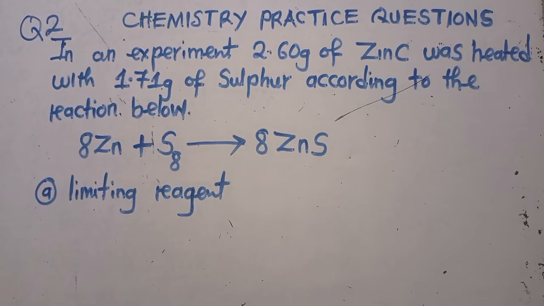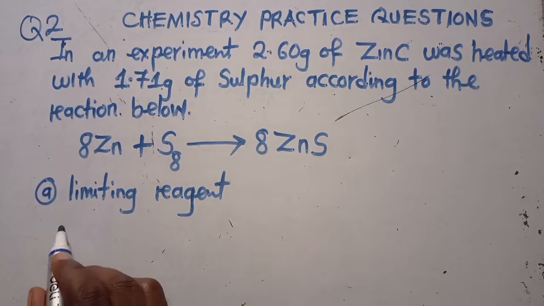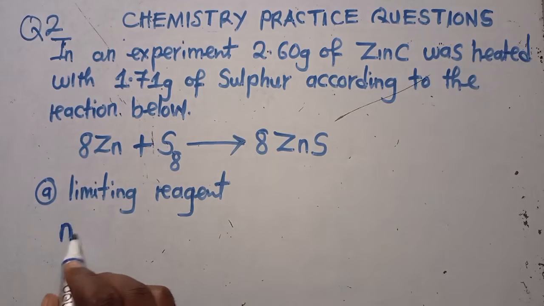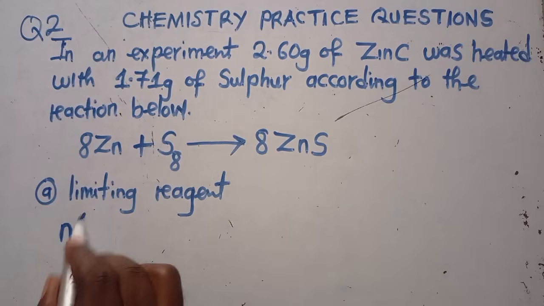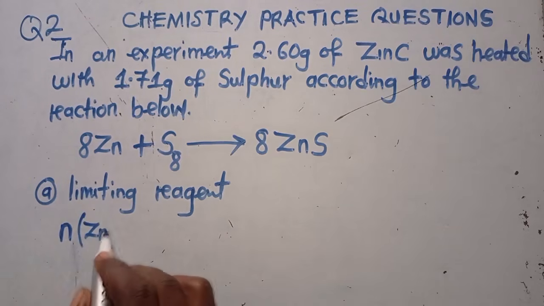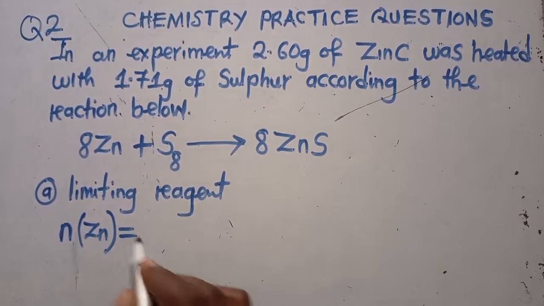So how can we find the number of moles? N is equal to number of moles. I'll start with zinc, so number of moles for zinc.